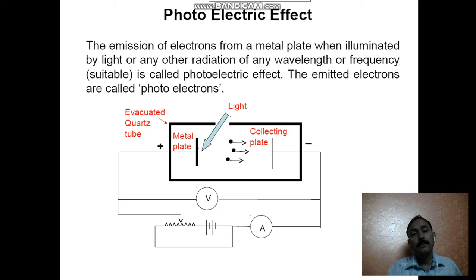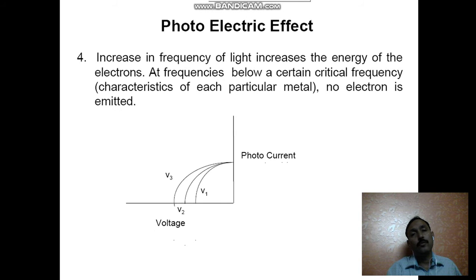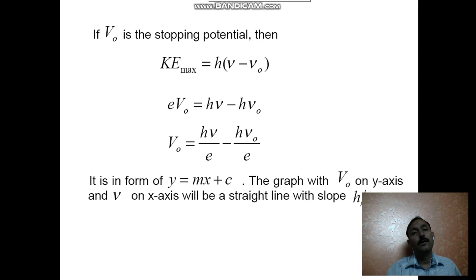So it is the potential that is applied so that no electron can liberate from the metal surface. This is the stopping potential. Suppose V naught is the potential applied in reverse bias so that no electrons are emitted.